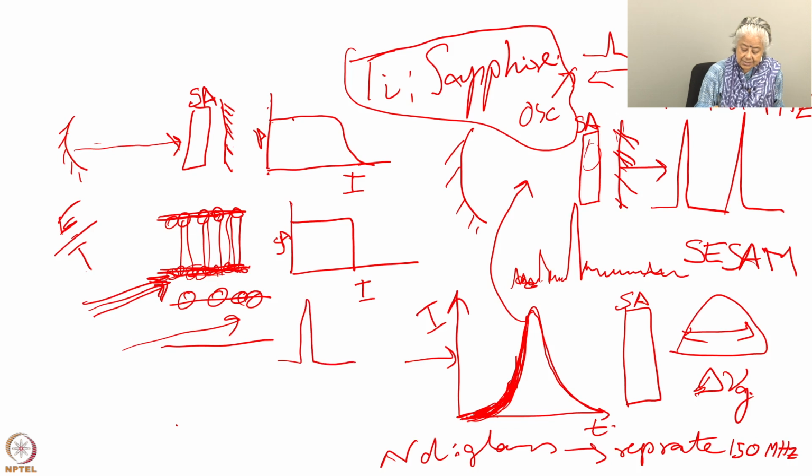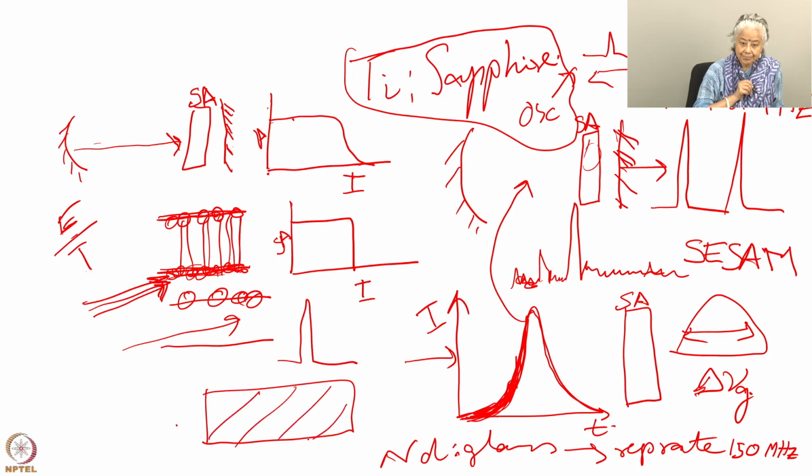At these high intensities, the pulses will create havoc inside a medium.